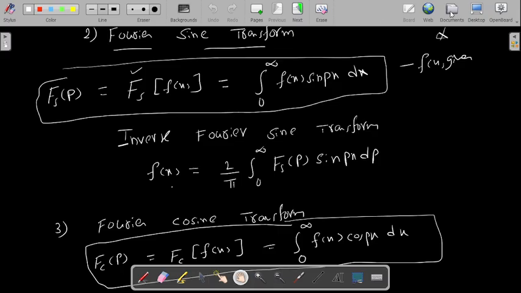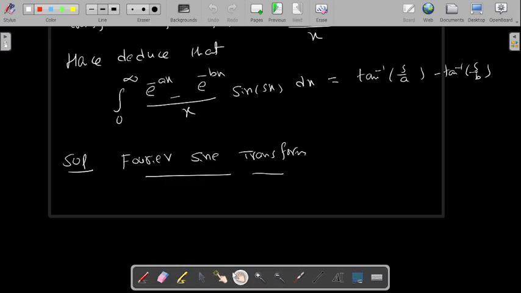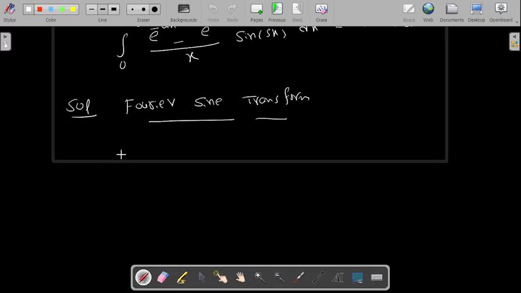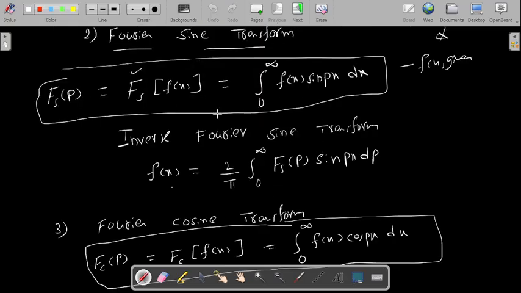So the sine transform Fs of f of x is equal to integral 0 to infinity f of x sin px dx. Okay, this is the sine transform formula.